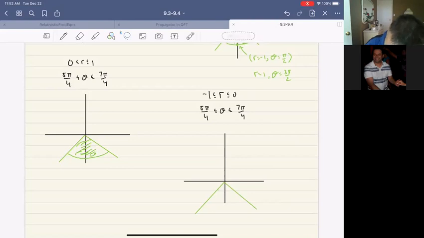Let's move that line a little bit. But we're also going to need the back part of it. Okay, and so the r values are going to be here. Because let's say our theta is 3 pi over 2, so that's in this direction, but it's a negative r. The negative r values bring us back in the opposite direction.